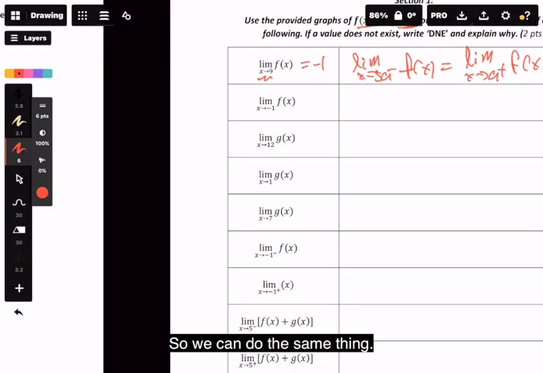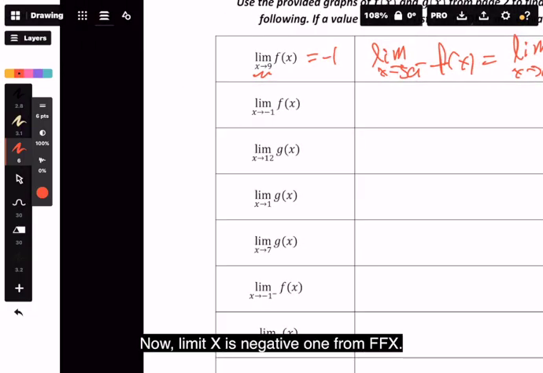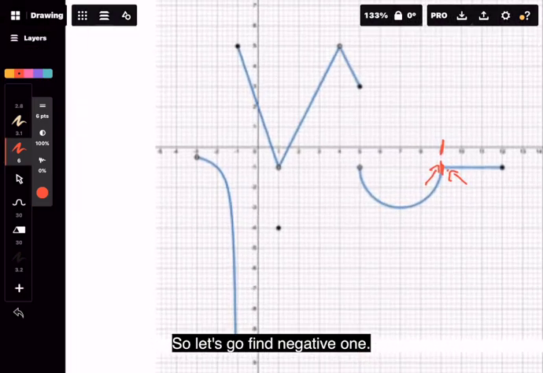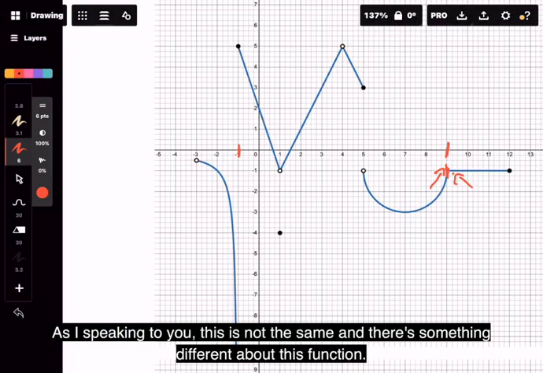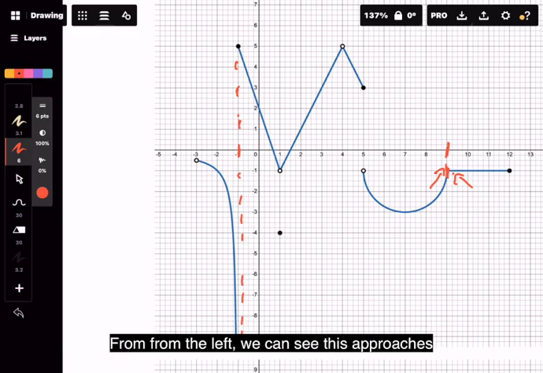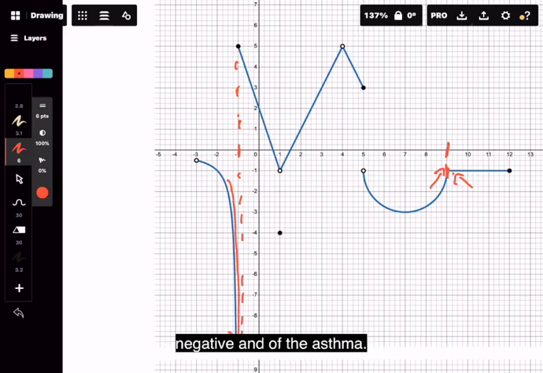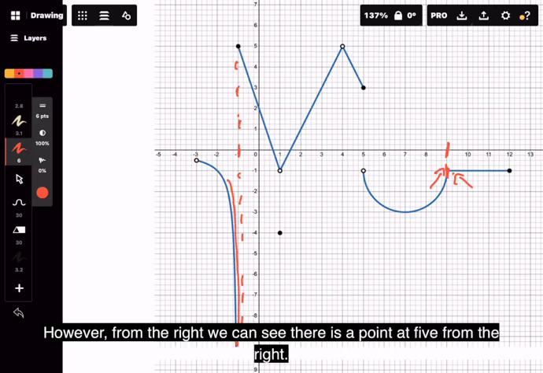Okay, we can do the same thing for the limit as x approaches -1 of f of x. So let's go find -1. Here we can see this is not the same, and there's something different about this function. From the left, this approaches -infinity because of the asymptote. However, from the right, there's a point at 5.